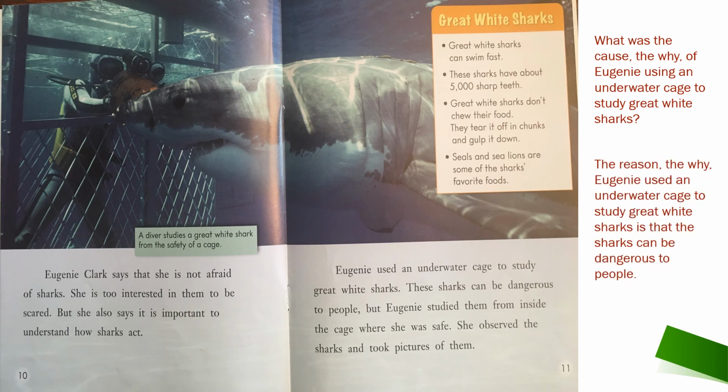Okay, if you put something like the reason, the why, Eugenie used an underwater cage to study great white sharks is that the sharks can be dangerous to people. And it says that right on page 11, doesn't it? These sharks can be dangerous to people but Eugenie studied them from inside the cage where she was safe.